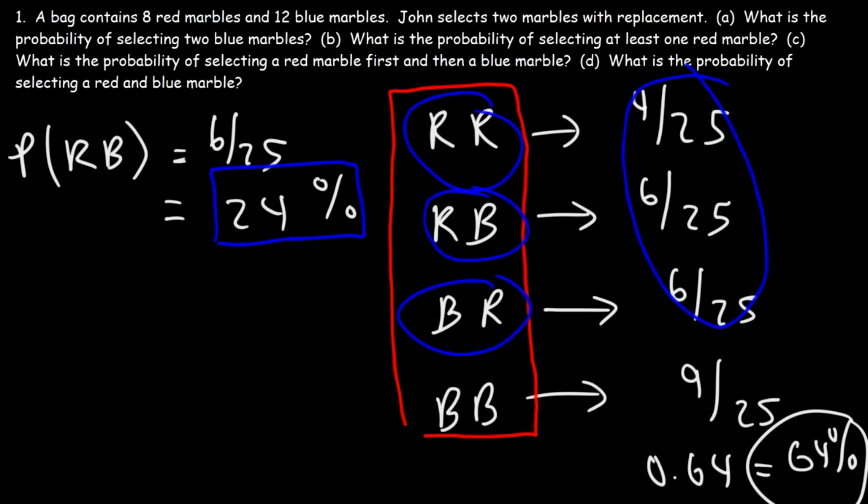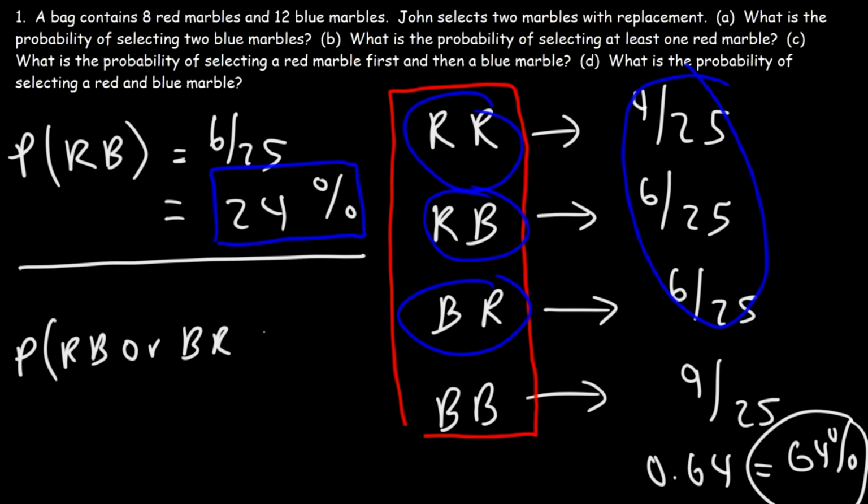In part C, the order of selecting the 2 marbles matters. In part D, the order does not matter. And that's the key difference between part C and D. So for part C, it has to be red first and then blue. So that's only RB. But in part D, we just need a red and a blue marble. So that could be RB or BR, because they both contain a red and a blue marble.